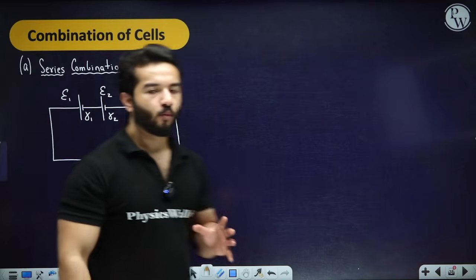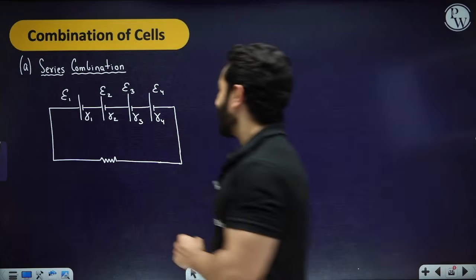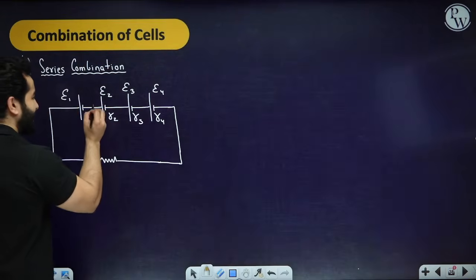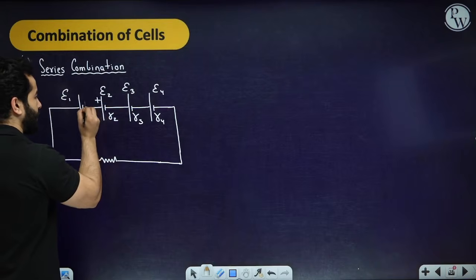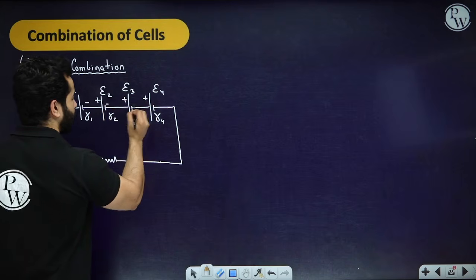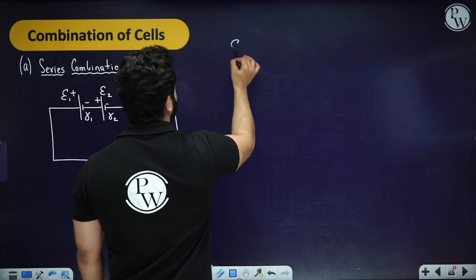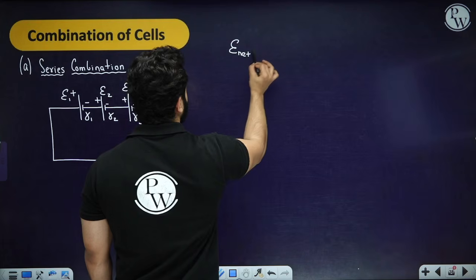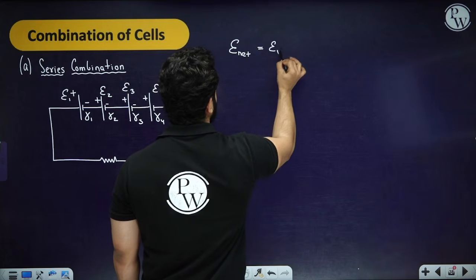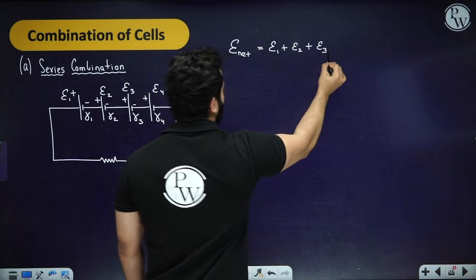First of all, what I have done in this diagram is I have correctly connected them. What do you mean by correctly connected? That each positive terminal is connected with a negative terminal. This is known as correctly connected. So in this case, E net will become the sum of the EMFs of each one of them: E1 plus E2 plus E3 plus E4.